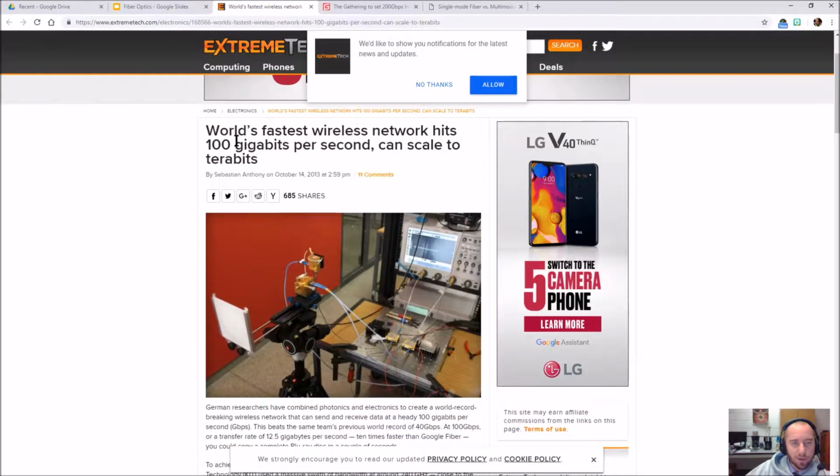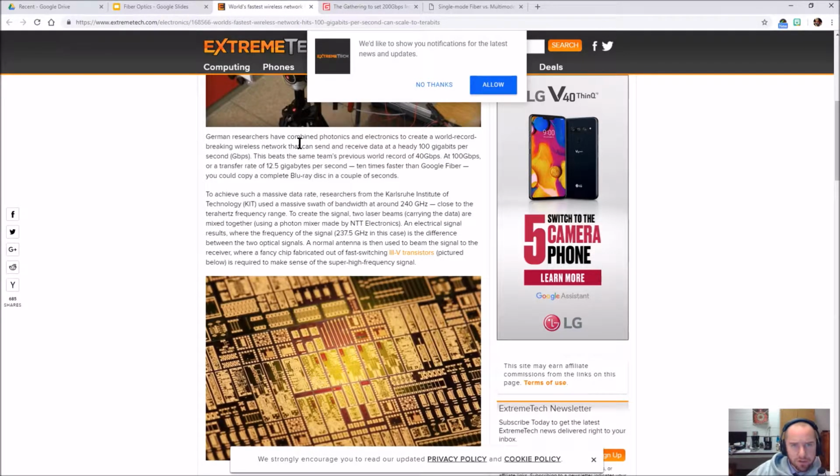So a headline in 2013 was World's Fastest Wireless Network Hits 100 Gigabits per Second, can scale to terabits. Researchers have combined photonics and electronics to create a world record-breaking wireless network that can send and receive data at a heady 100 gigabits per second. To create the signal, two laser beams carrying the data are mixed together using a photon mixer made by NTT Electronics.